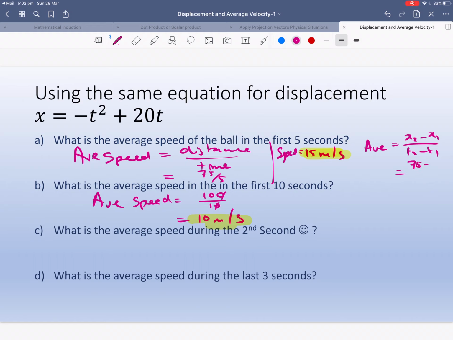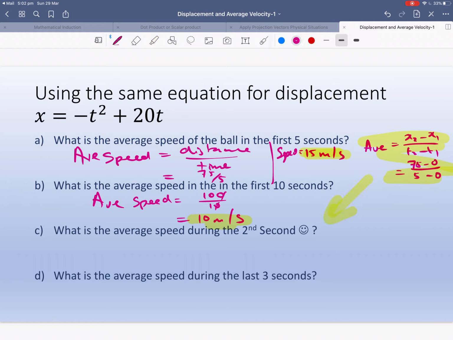Now, x1 is the position that we let it go from. So we let it go at time equals 0 because we didn't start timing until we threw the ball out. So it's going to be 0. And the same thing goes at the bottom. What was the time when it got up to 75 meters? Well, it was 5 seconds minus 0 seconds. Now, this formula will become really important for these questions down here.